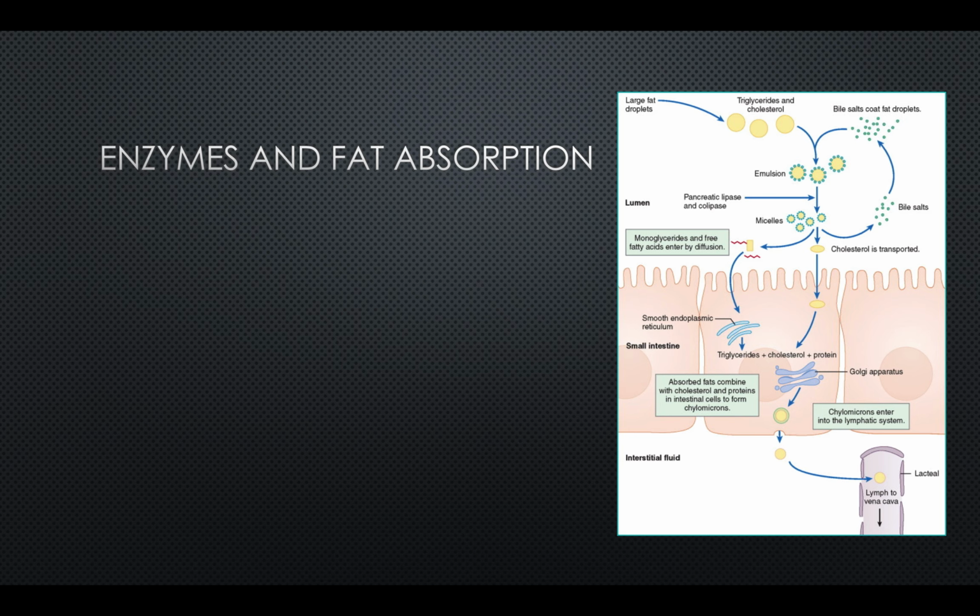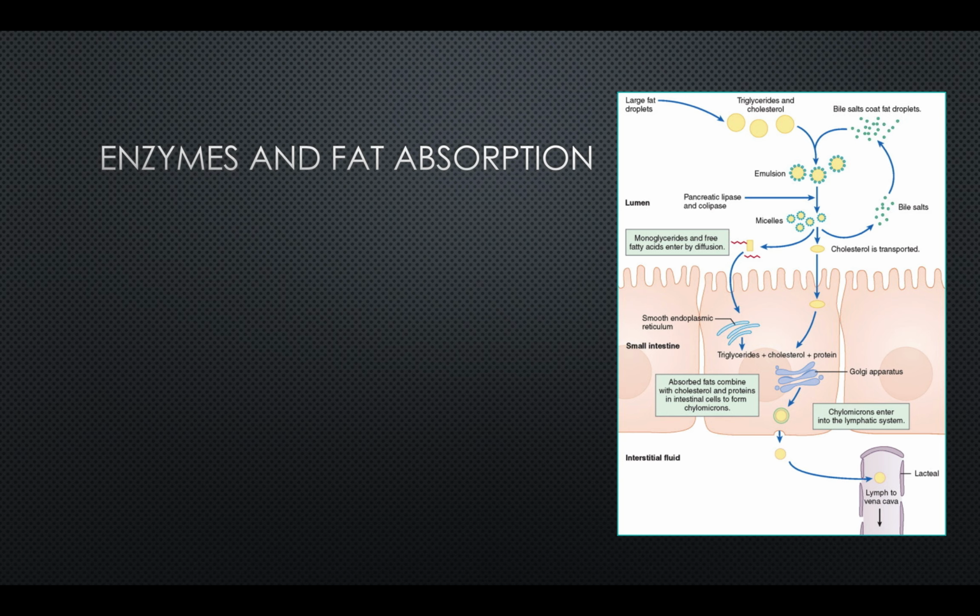As we can see in this diagram here, fats must undergo transport to leave the small intestinal cells, which will transport them to the interstitial fluid, where they will meet the lacteal and then go through the lymph to the vena cava.